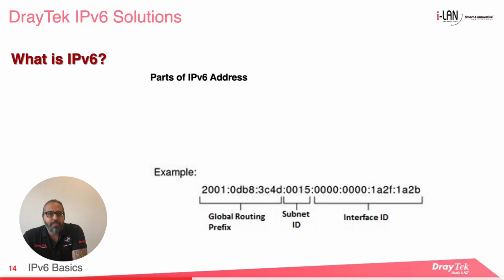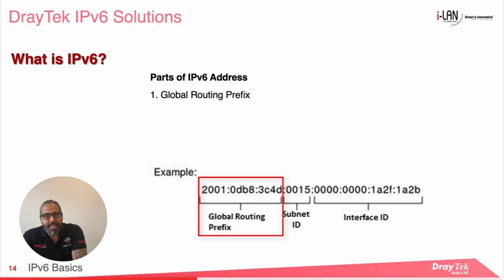Just like IPv4, there are different parts or groups of an IPv6 address. The first group is the global routing prefix, which is the first 3 groupings of numbers or first 48 bits. It's also called network ID, used for routing.